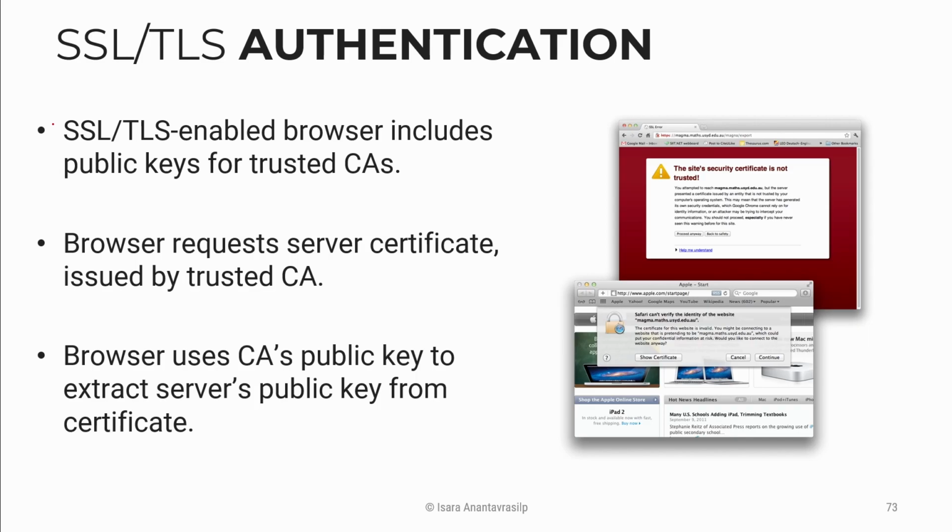An SSL/TLS-enabled web browser will always include public keys of trusted CAs, the most popular CAs. How it works is like this. When you access a website, the web browser will check the public key of that website and check back with the certificate authority that signed or issued the certificate for that website.